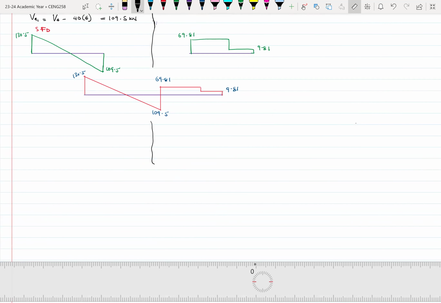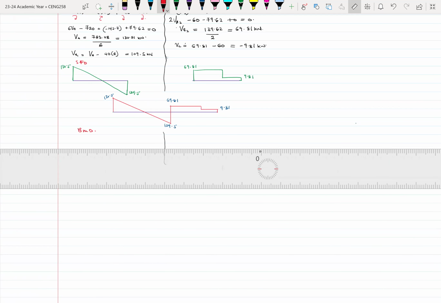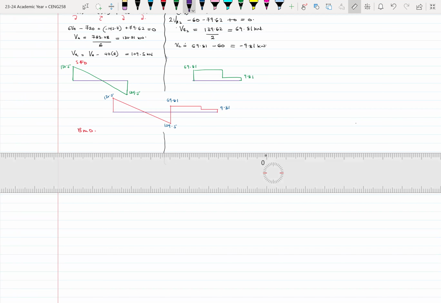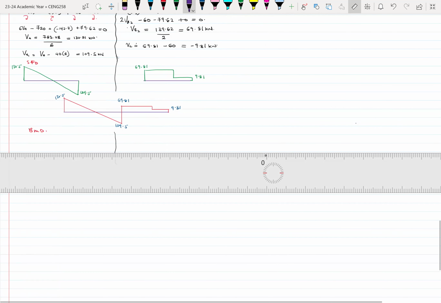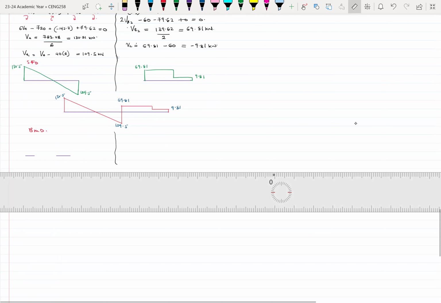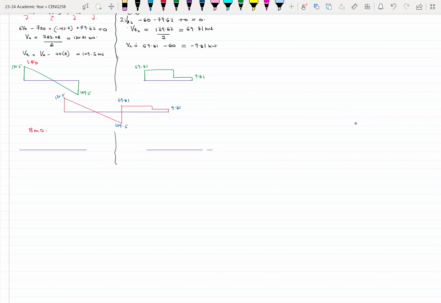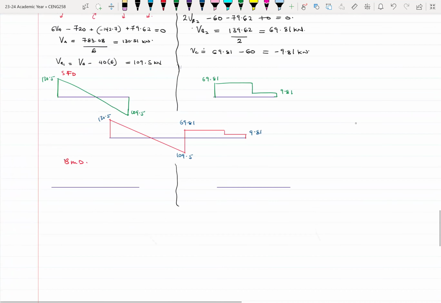For the bending moments, again, we can look at it as separate entities and then join them together. With our bending moment diagram, I can just redraw the parts that we need to use. Okay, let's look at what we had.